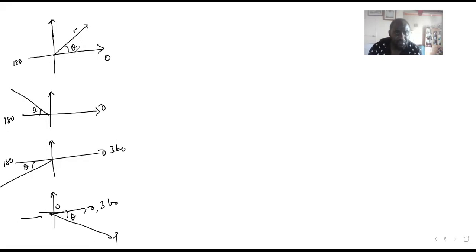Now, in this first quadrant, the sine of this angle theta, if it is sine of 30, for example, that answer is a half. The corresponding angle here has the same ratio as this 30, because this angle is theta. So if this is 30, before you reach 180, the angle here is 150. So sine of 150 is also the same as sine of 30, and that is the same as a half.